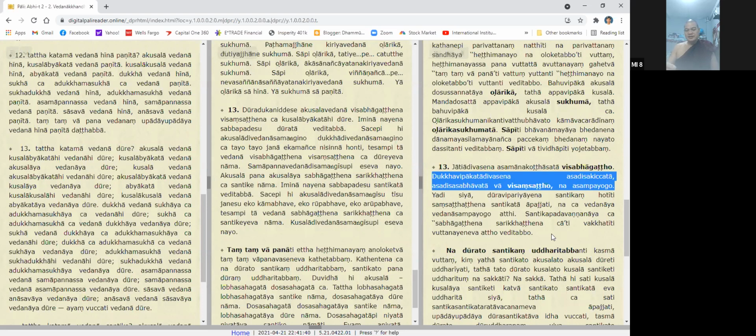Visasata does not refer to that. Visasata here means separation of function, separation of nature: asarisa kiccata, separation of different function, and asarisa sabhavata, separation of different natures.